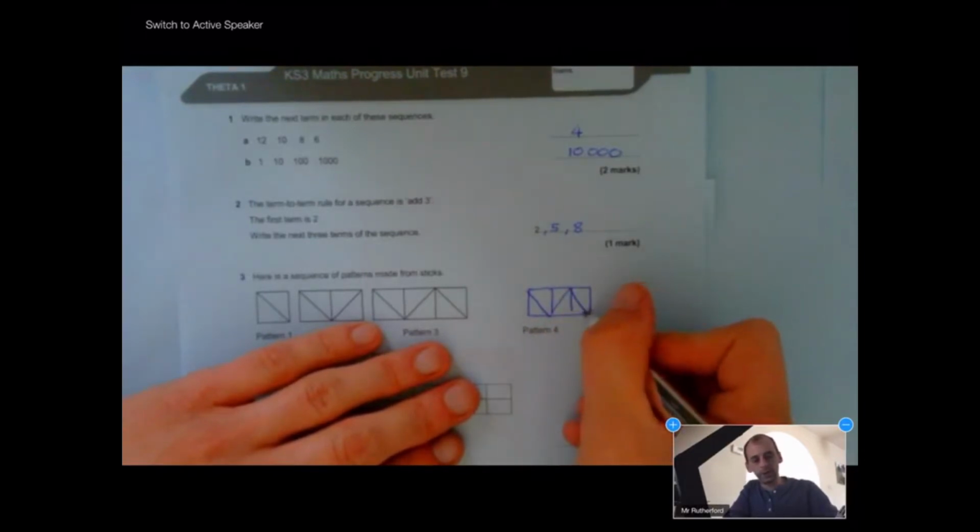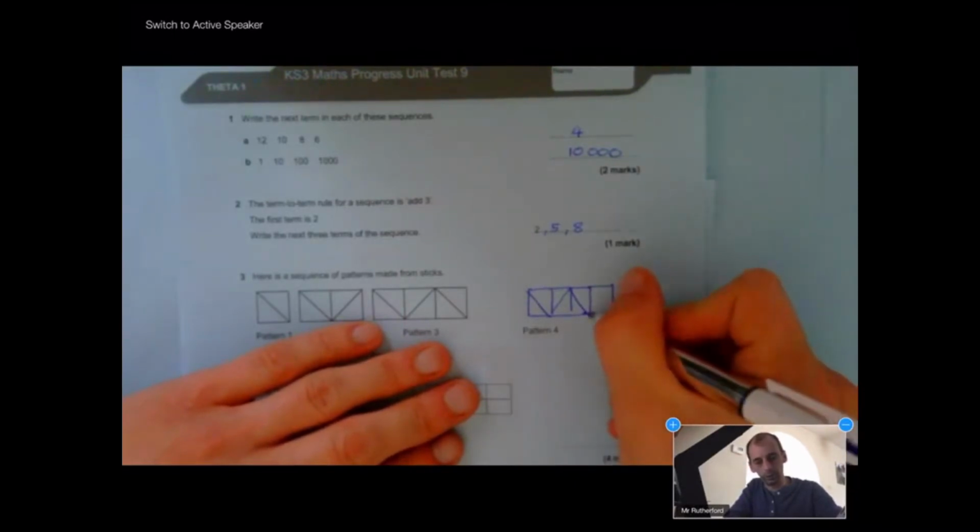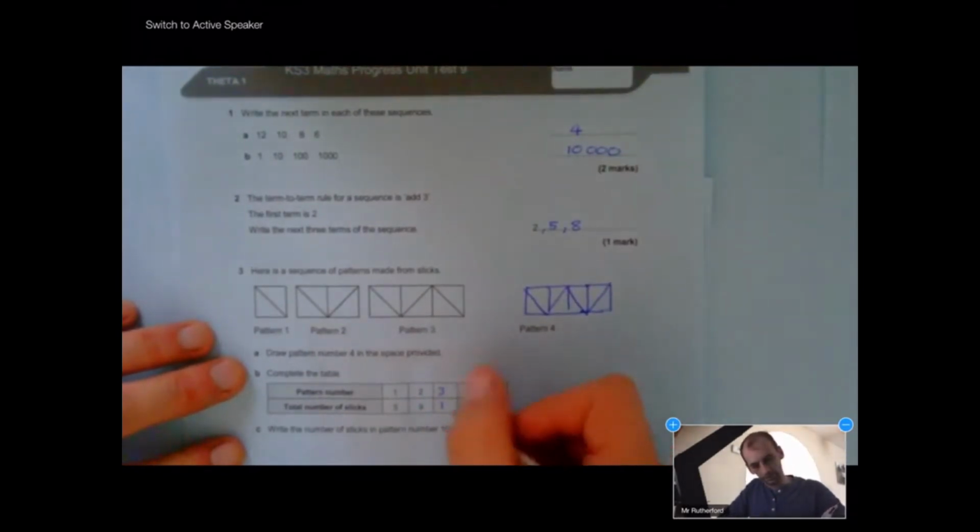Pattern number 4, we are adding another square on, so it would look like that. In terms of numbers, we are adding 4 sticks each time. So in pattern number 3, there would be 13. In pattern number 4, I've just drawn 17. And in pattern number 5, another 4 sticks are added, so that will be 21.